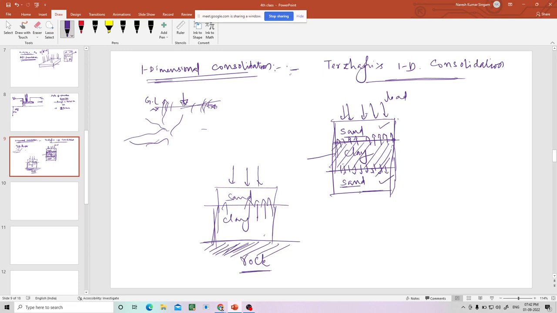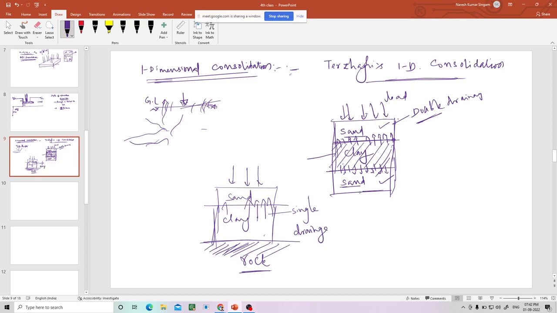Now see here, drainage is happening in both directions. This is called double drainage condition. Whereas here it is only in one direction, that too upward; the expulsion of the water is happening only in the top direction. That is the reason why it is single drainage. This is the difference between double drainage and single drainage.